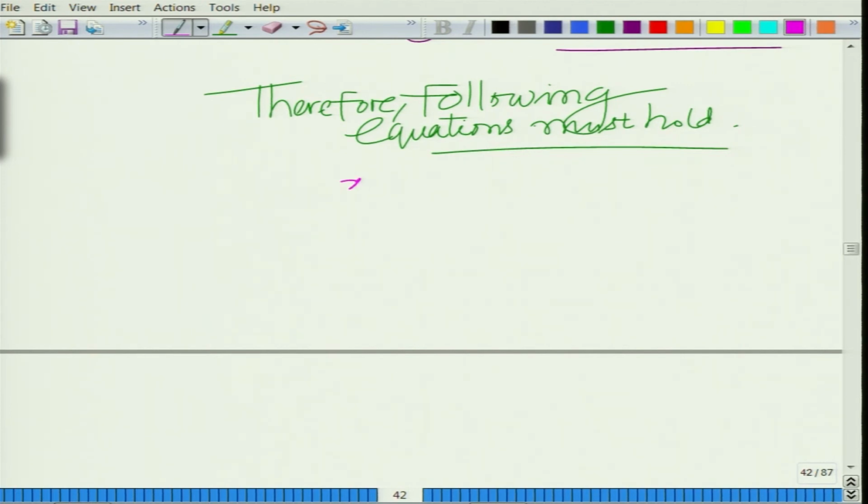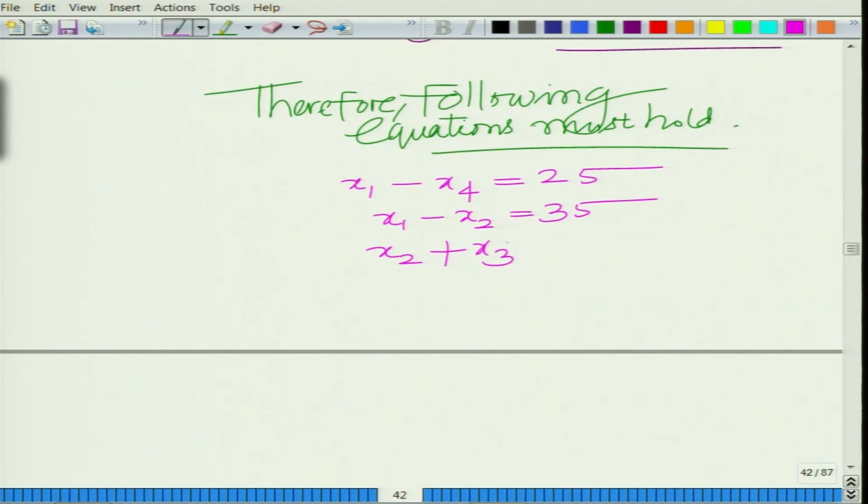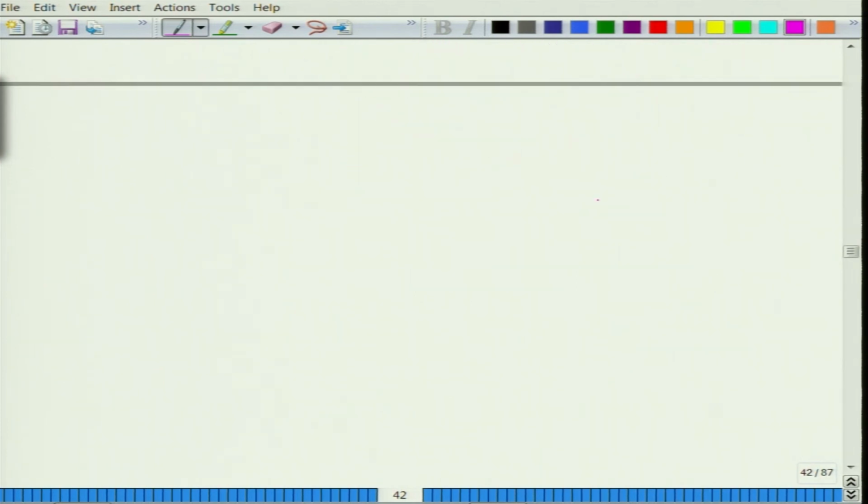You have x1 minus x4 equal to 25, x1 minus x2 equal to 35, x2 plus x3 equal to 35, and x4 equal to minus 20.